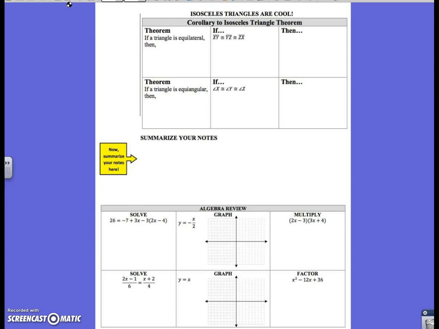All right, so let's take a look at this one. The corollary to the isosceles triangle theorem. It says if a triangle is equilateral, then, we've already talked about this one, it is also equiangular.